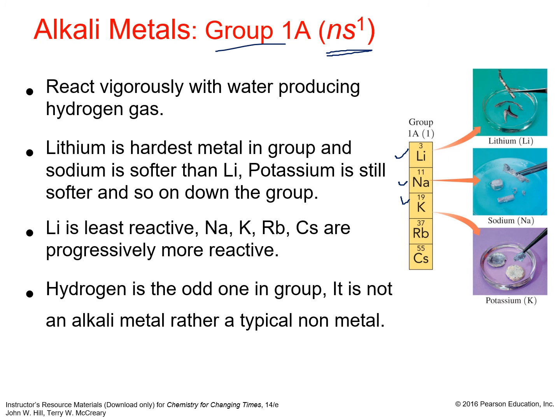Lithium has an atomic number of 3, so its electronic configuration, which we did before as well, is 1s2 2s1. This 2s1 is its valence electron, so they have 1 valence electron, ns1, in the outermost principal level.